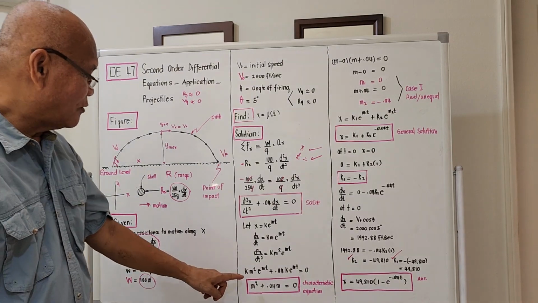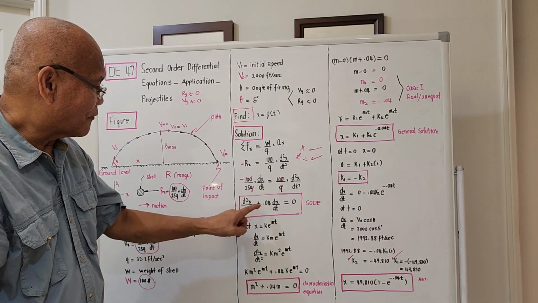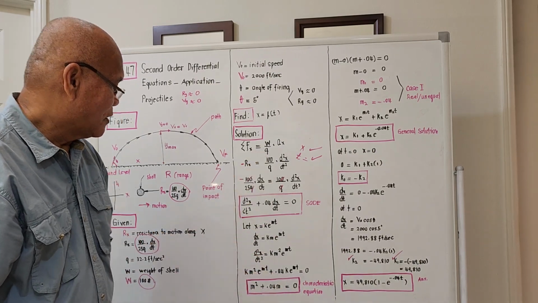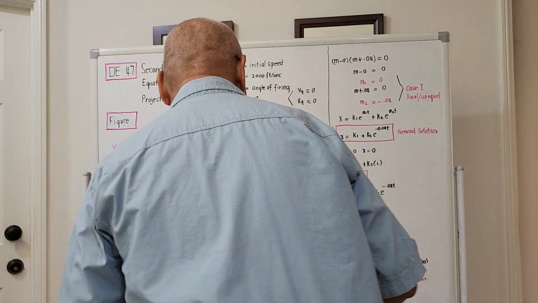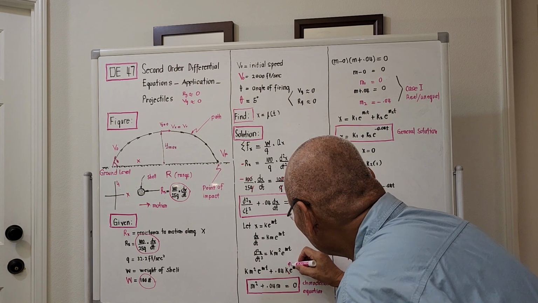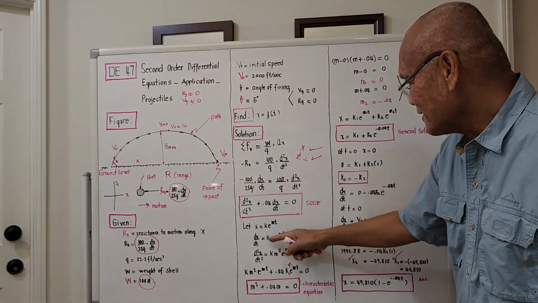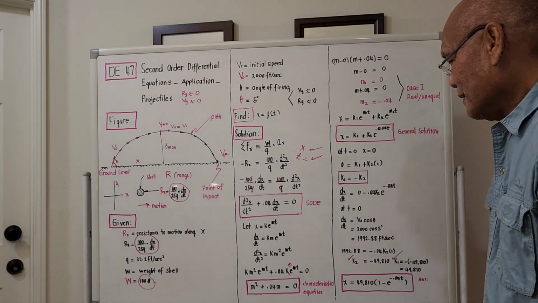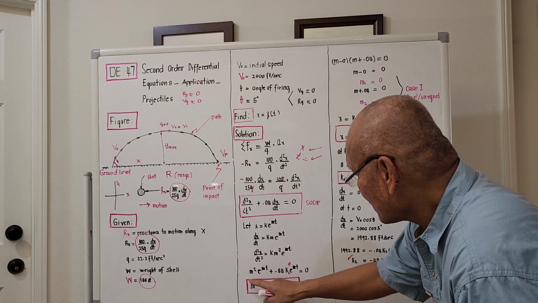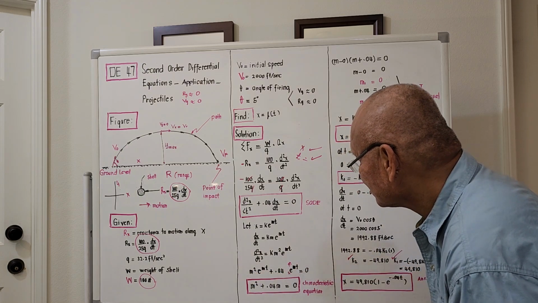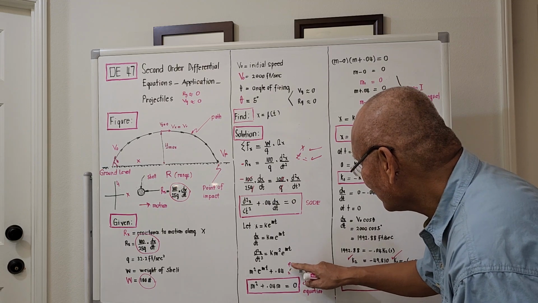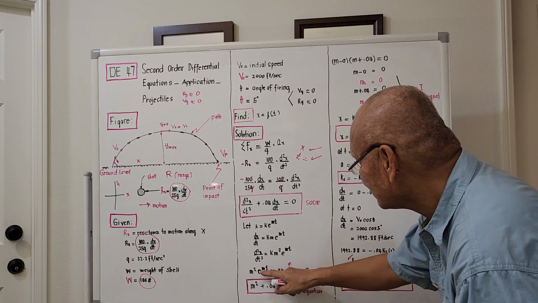So the second derivative plus 0.04 times dx/dt, and dx/dt should be km e to the mt, and this should be equal to 0. There is a common factor k. We could remove it, right? e to the mt is also a common factor. We could remove it.